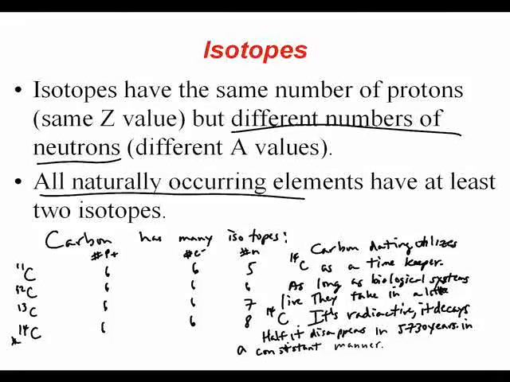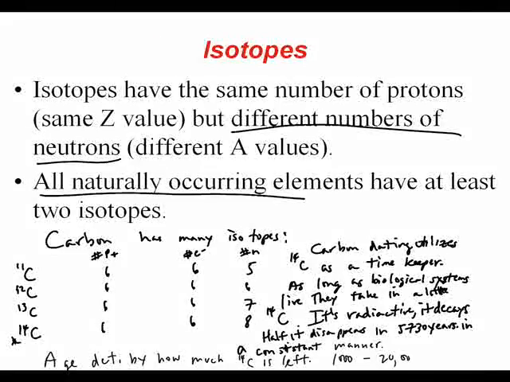Age determined by how much is left. And this works pretty darn well for an age range of 1,000 to 20,000 years. Beyond 60,000 years, it gets to be pretty iffy, but it's good for this range. Many artifacts have been dated this way.